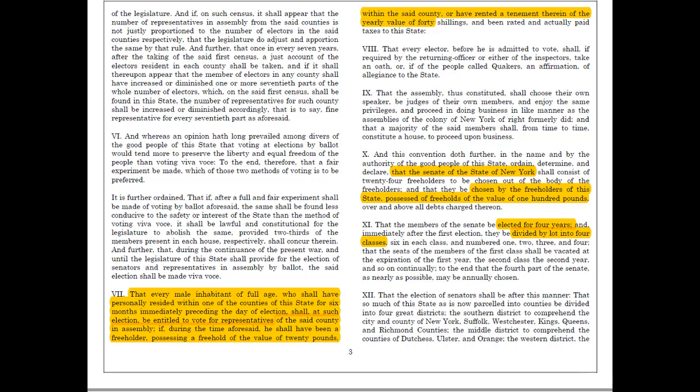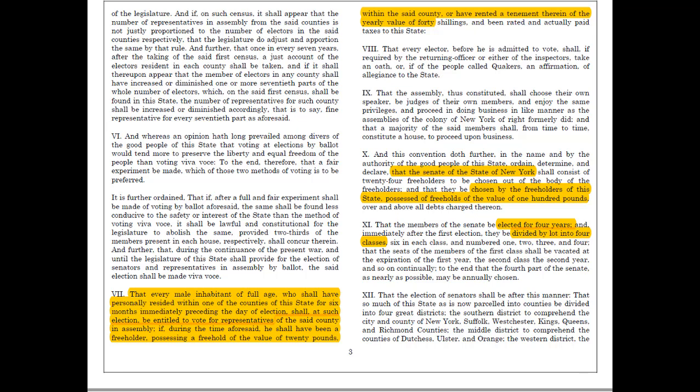Article 7 reads, that every male inhabitant of full age who shall have personally resided within one of the counties of this state for 6 months immediately preceding the day of election shall, at such election, be entitled to vote for representatives of the said county and assembly if, during the time aforesaid, he shall have been a freeholder possessing a freehold of the value of 20 pounds within the said county, or have rented a tenement therein for the yearly value of 40 shillings and been rated and actually paid taxes to the state.